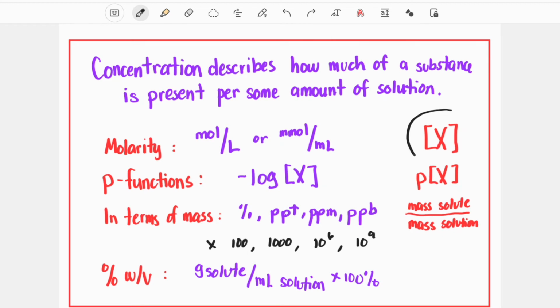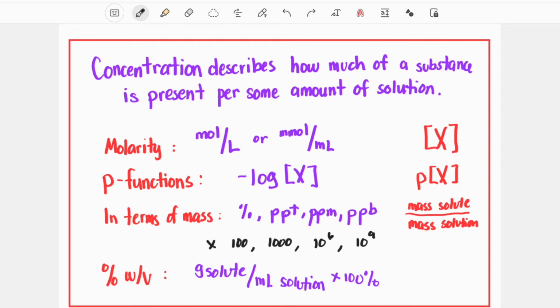We signify concentration in terms of molarity in square brackets. For very small values, for example, times 10 to the minus 3 or times 10 to the minus 7, we could use a p function instead to scale up that number and make it something more usable. So when we perform negative log of molarity, we are performing the p function. If you could recall, pH is the negative log of the hydronium ion concentration.